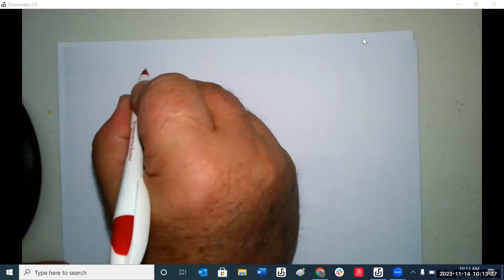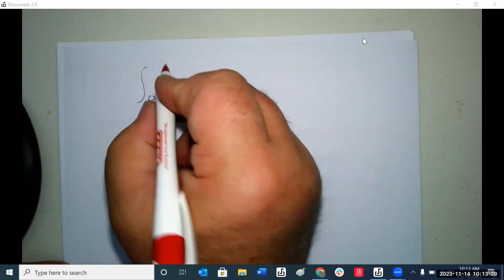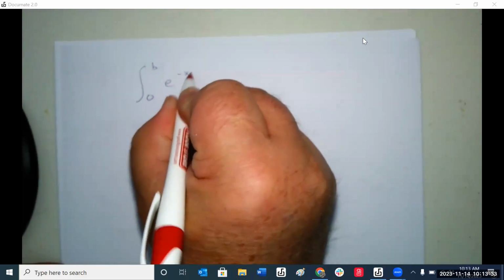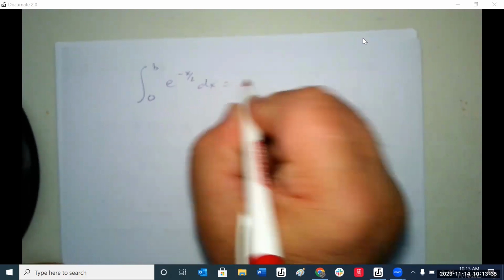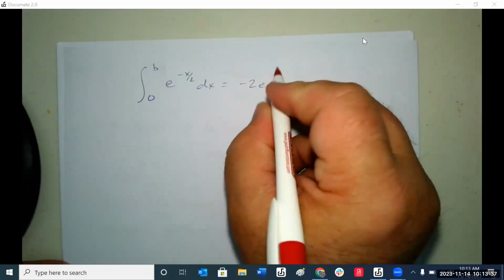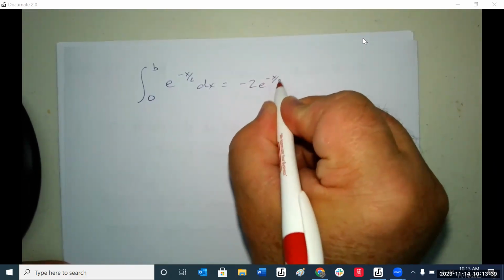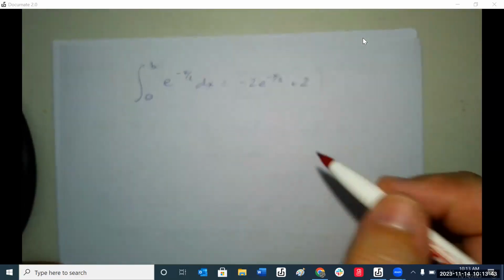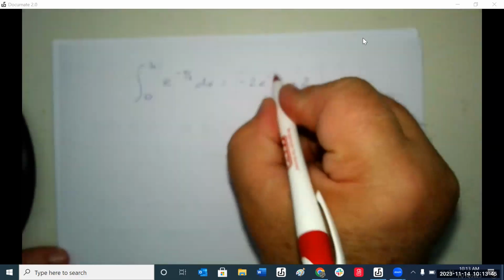So as we said here, we had from 0 to b of our function is negative 2e to negative x over 2 plus 2, and then negative b.